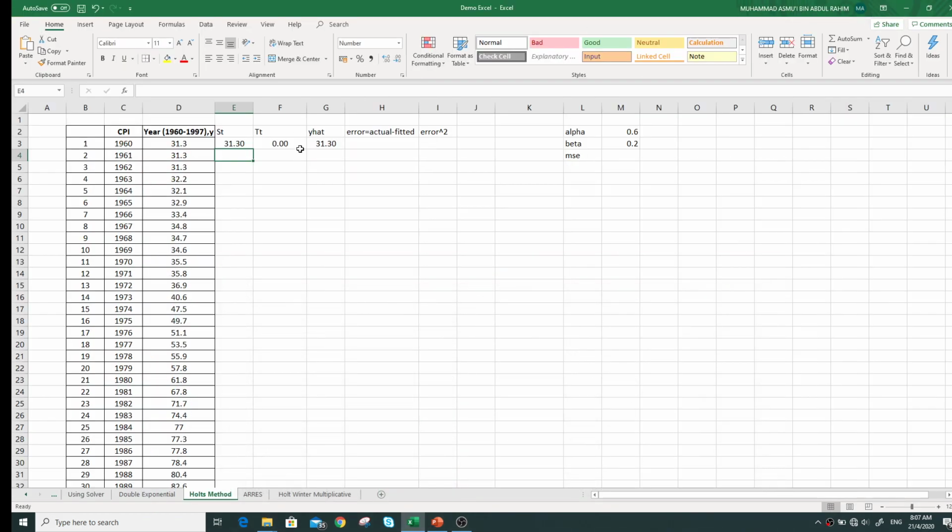Okay, so here, instead of the cell reference, I could simply put the value 0.6 times and so on, but for the purpose of demonstration I will refer to these specific cells. Then I lock this cell so that when we drag the formula, this cell will not change.